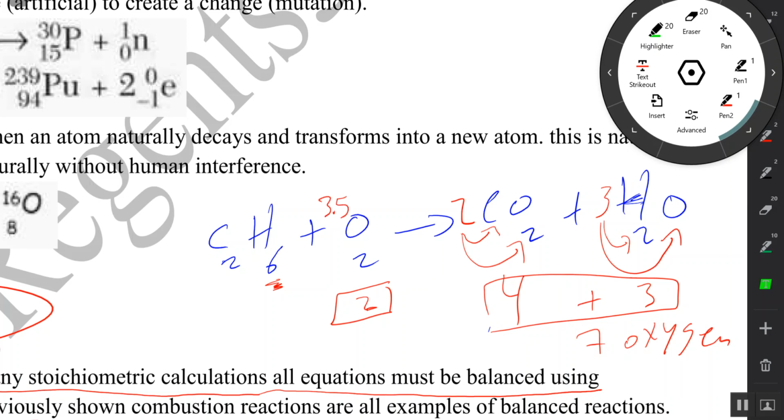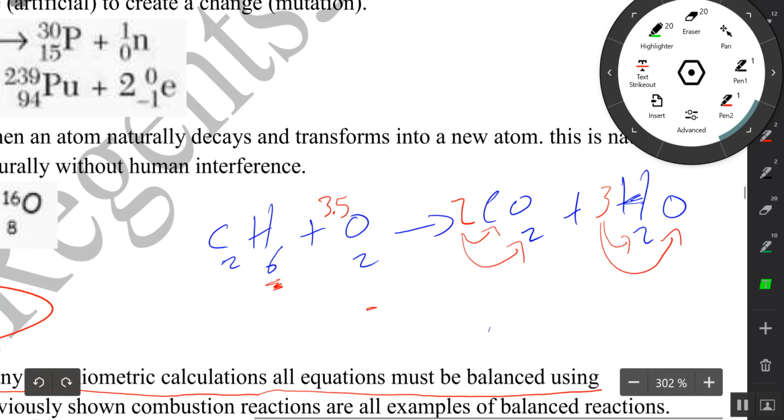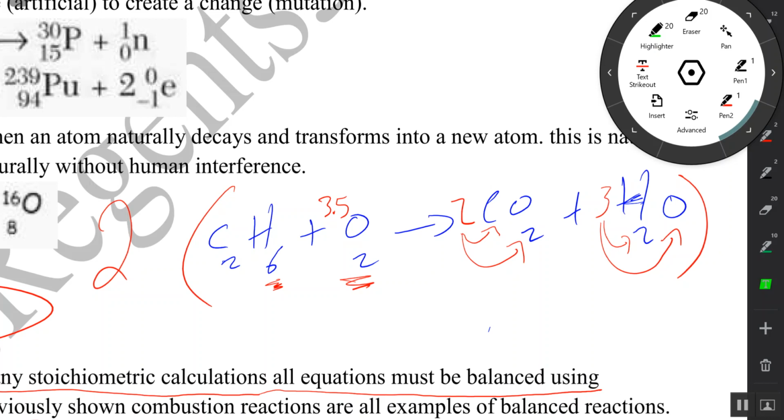Now, because I used the decimal, I want to make sure that, on the Regents, they're going to ask you to balance the reactions to the least whole number. So here, you're going to have to change that decimal to a whole number, but you cannot just change this O2. You have to change everything in this reaction. So you multiply every coefficient in this reaction by 2.